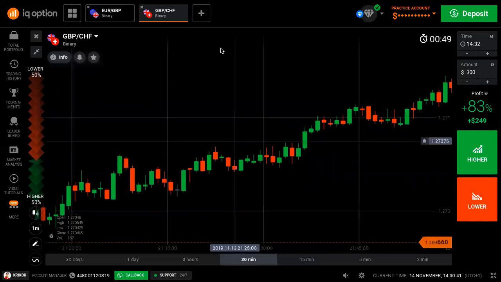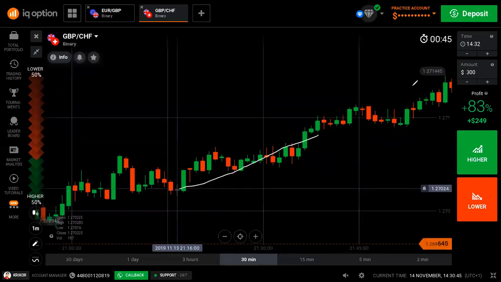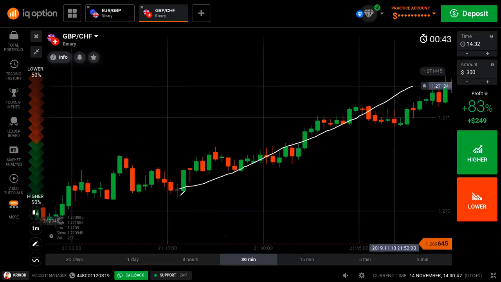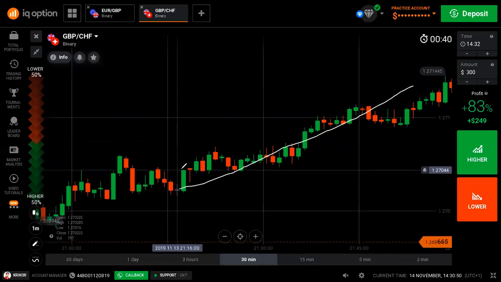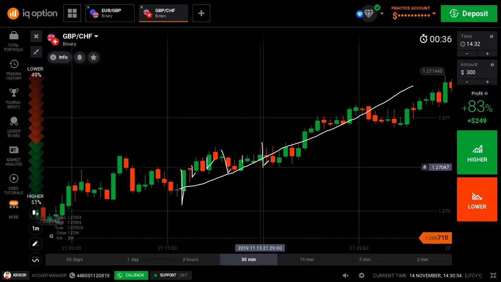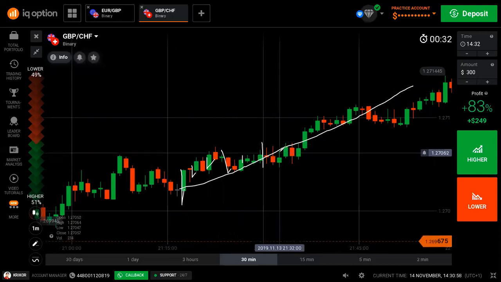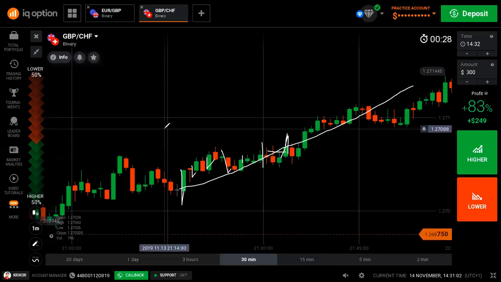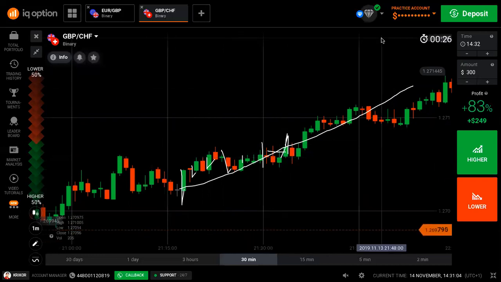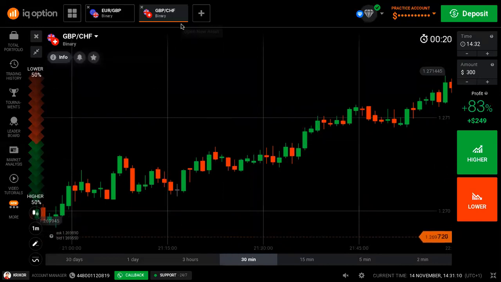Now, this type of trend is a normal trend. A normal trend is a trend where you see buyers and sellers and buyers and sellers and buyers and sellers. In a situation like this, when you see a momentum candle to trade, don't follow the next candle. A lot of times, the next candle will not go.